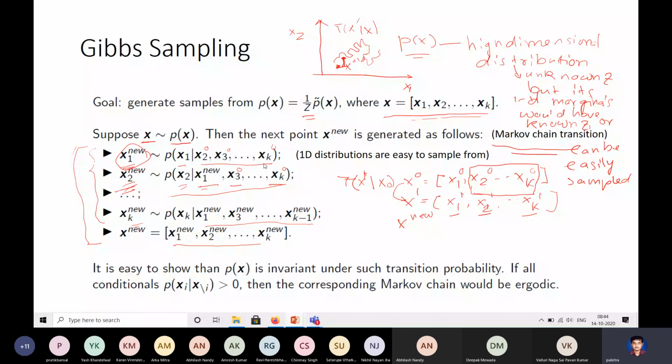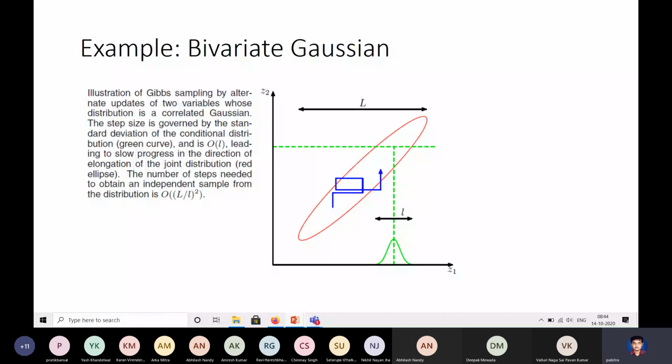Let me explain with an example. Let's say I want to sample from a bivariate distribution. So let me draw a bivariate distribution.